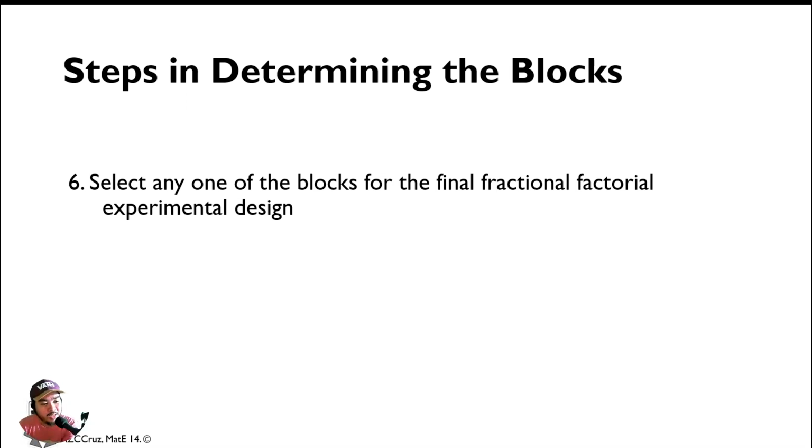So technically, hindi natin alam kung yung effect ba doon sa response is due to main factor A or due ba siya to the three-way interaction BCD. Pero based on sparsity of effects principle, pwede natin masabi na hindi siya dahil sa BCD kundi dahil sa A siya.